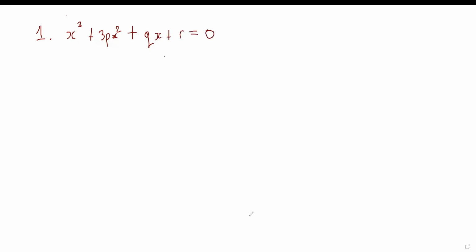And they gave us the three roots, and the three roots are 1, -1, and 3. So let's write that down.